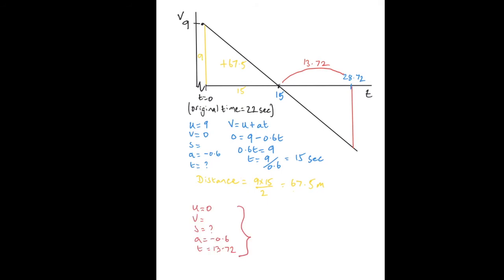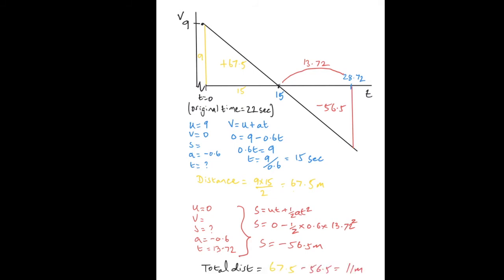Should we now calculate the distance travelled in this section using s equals ut plus half at squared, we can see that we get a distance travelled of 56.5 metres in the negative direction, and combining the two sections together, we have the 11 metres that was required in part 4 of the question. Thanks for listening.